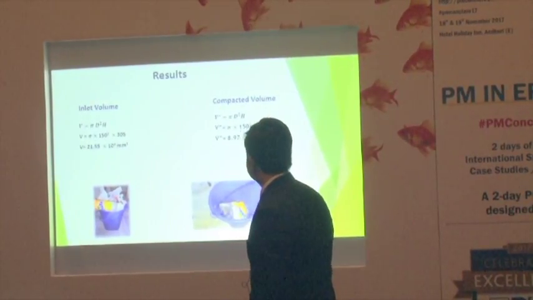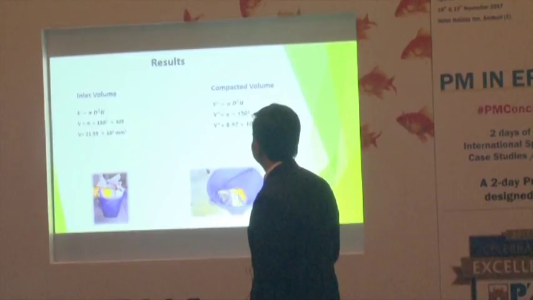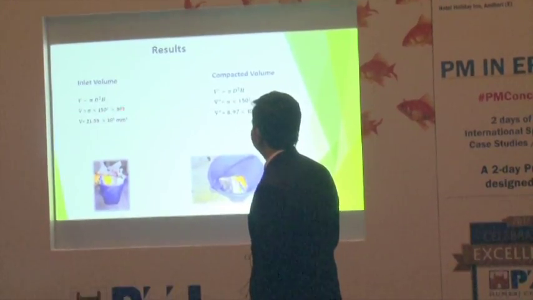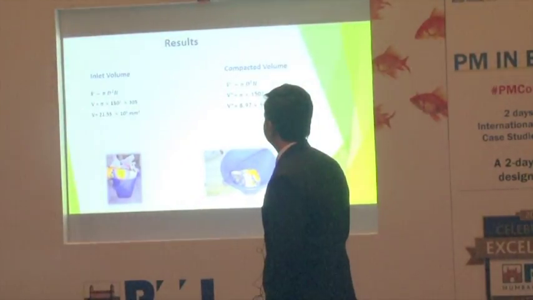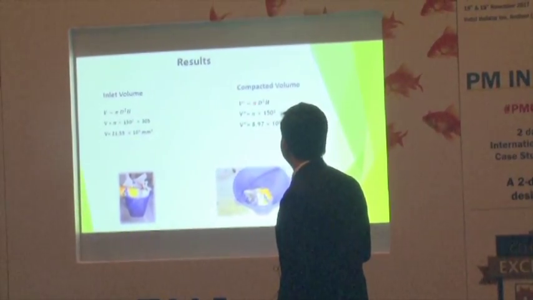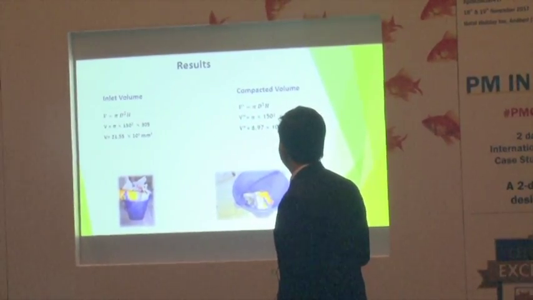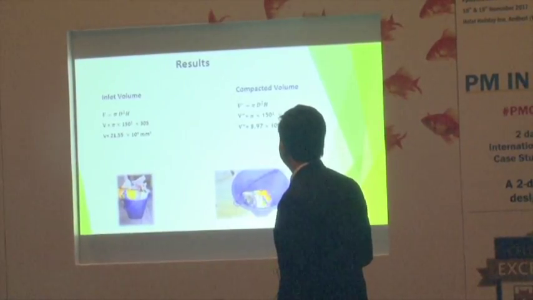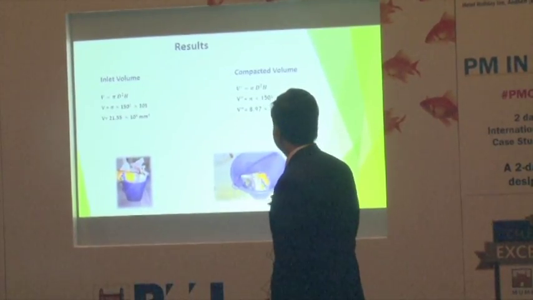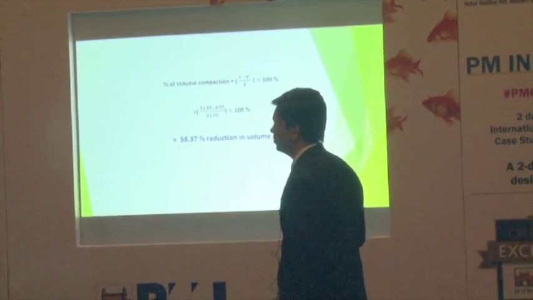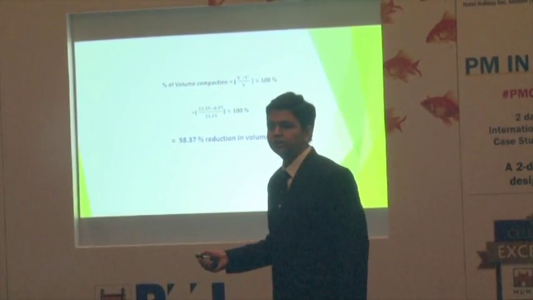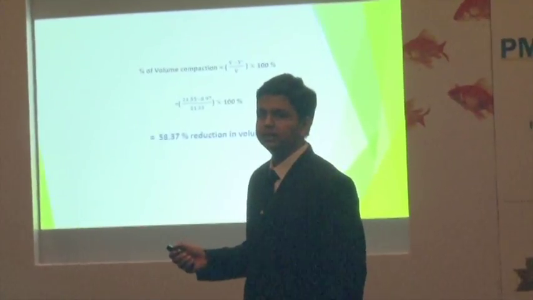So these are the results: the inlet volume, using the cylindrical formula pi d square h to calculate the volume, and the compacted volume, how it was before and how it was after compaction. In the next slide, you can see the compaction ratio. It's around 58 to 60%. You can compress trash.